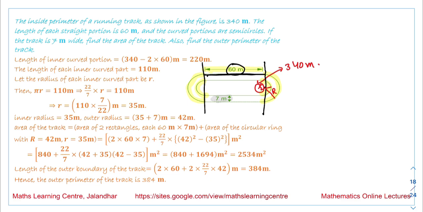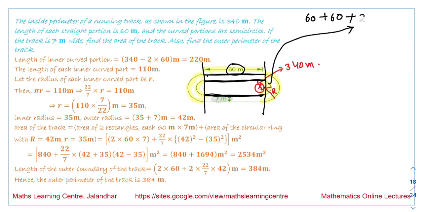So what is the perimeter of the inner portion? It is 60 plus 60. This length is 60, this length is 60, plus the perimeter of this portion. Combined they will form a circle.